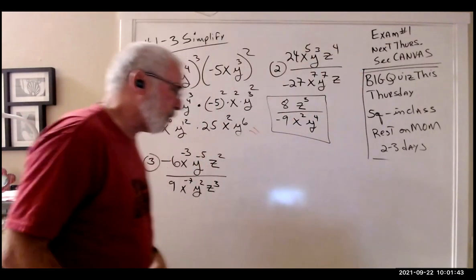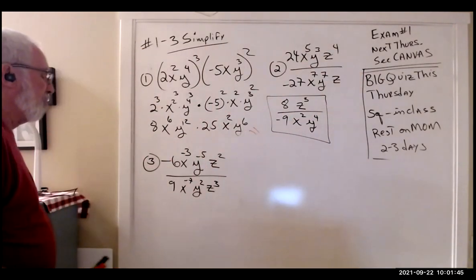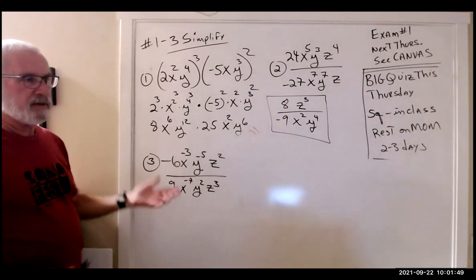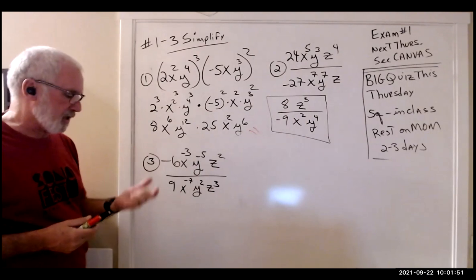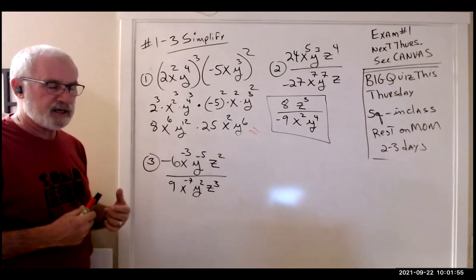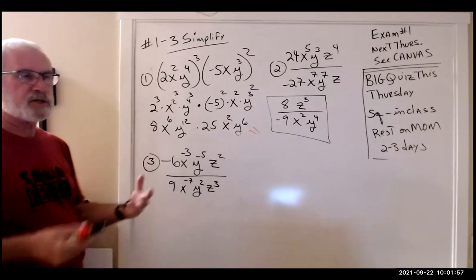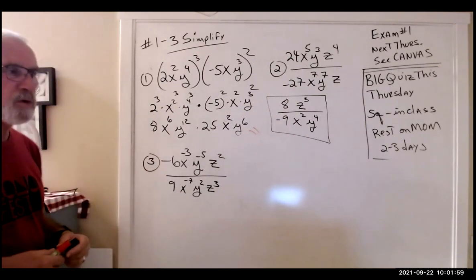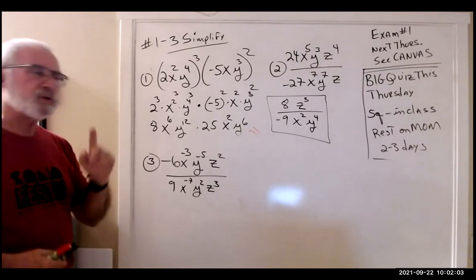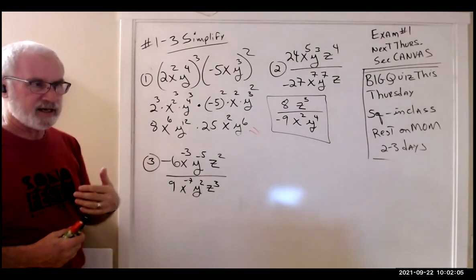Okay, so again, there is more than one way that this problem can be done. And you're going to hear me say that quite a bit as we get more and more sophisticated, as our math skills and understanding grow. There's more than one way to do a problem. There's only one answer, but there's more than one way to get to that answer.